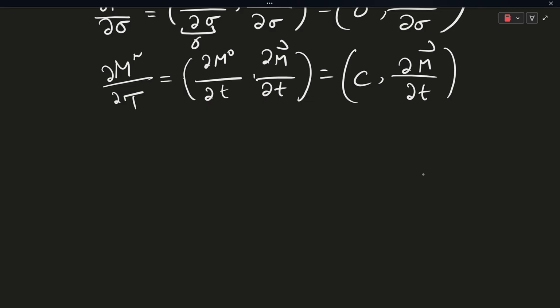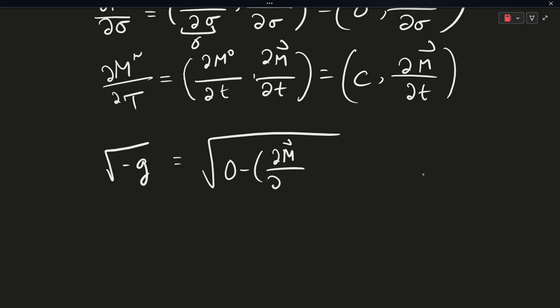So if you plug things in and do the computation, the square root of negative g would be equal to the square root of 0 minus del M spatial by del sigma squared times negative c squared.